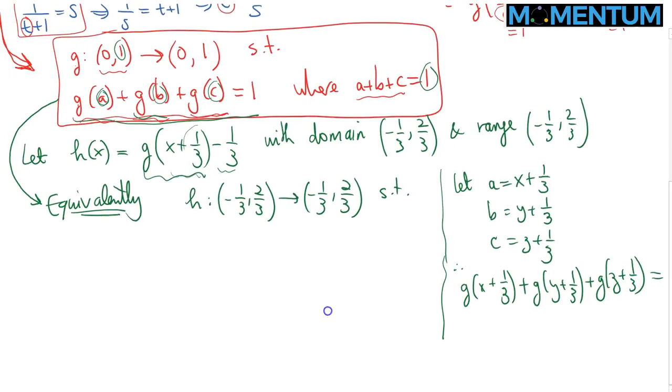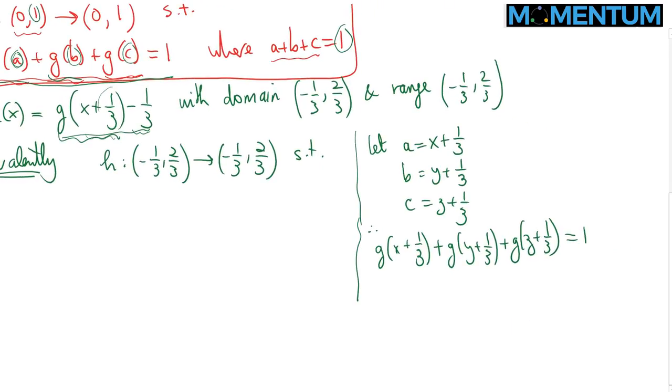Now I will further subtract 1/3 from each of these: minus 1/3 from the first, minus 1/3 from the second, and minus 1/3 from the third. So 3 times minus 1/3 is minus 1, so I need to subtract minus 1 from the right hand side as well.